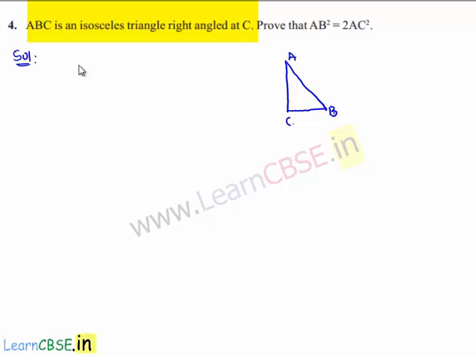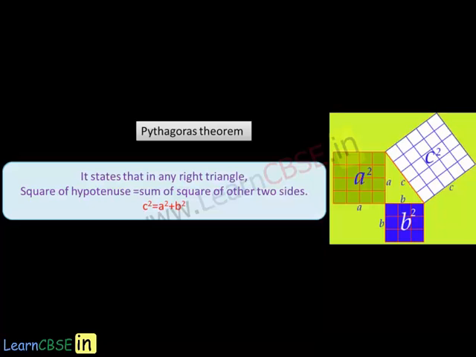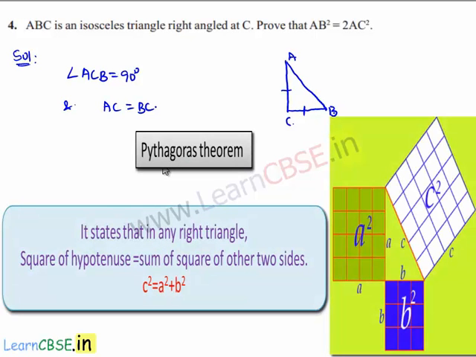That means here angle ACB is equal to 90 degrees, and as it is an isosceles triangle, AC will be equal to BC. In right angle triangle, from the Pythagoras theorem, we know that square of hypotenuse is equal to sum of squares of other two sides.